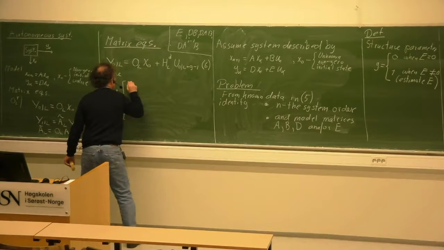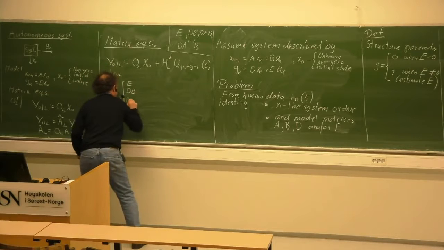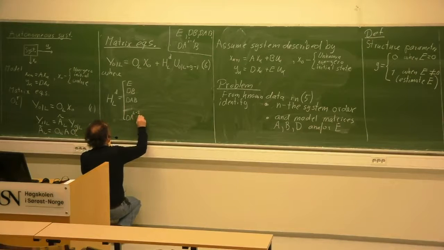The first row here is E, DB, DAB, dot, dot, dot, down to D A^{L-2} B.